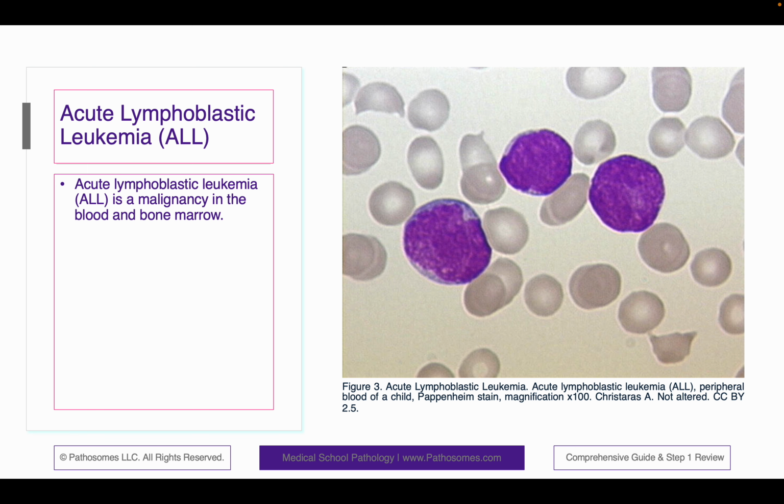To the right, we can see some blasts associated with acute lymphoblastic leukemia. Those aren't neutrophils. Those aren't regular lymphocytes. You see those three basophilic cells with the high NC ratio with somewhat of an abnormal nuclei? Those are blasts.